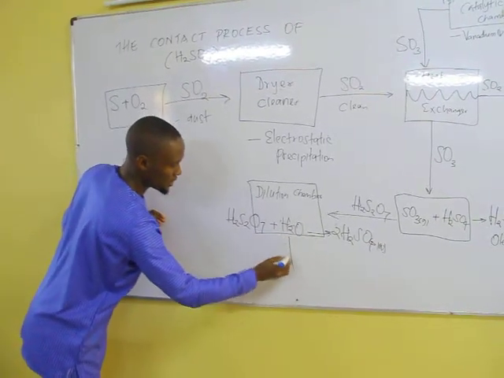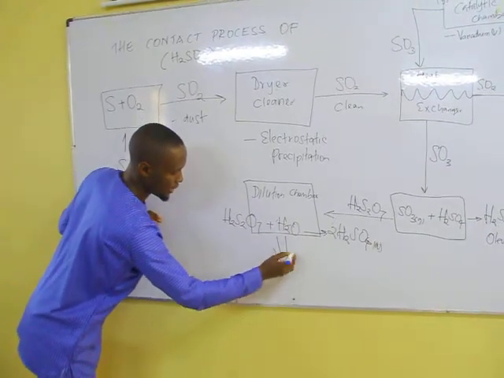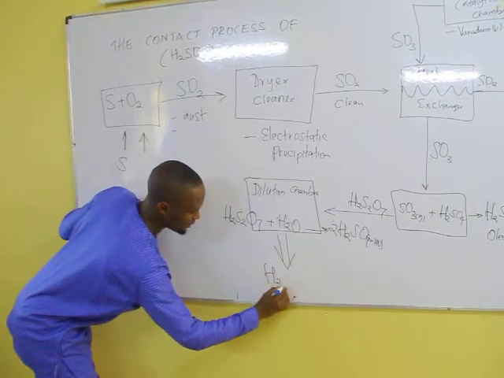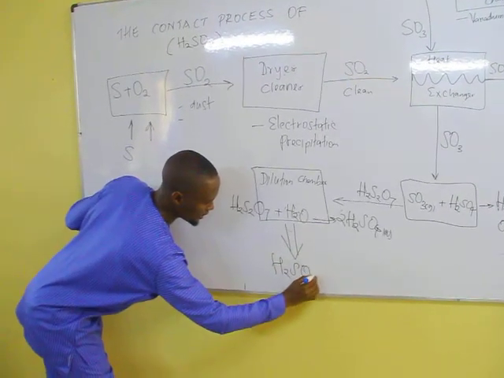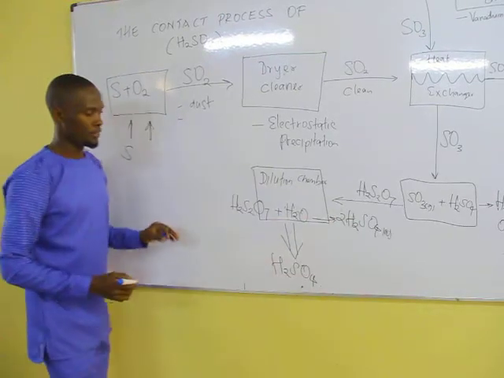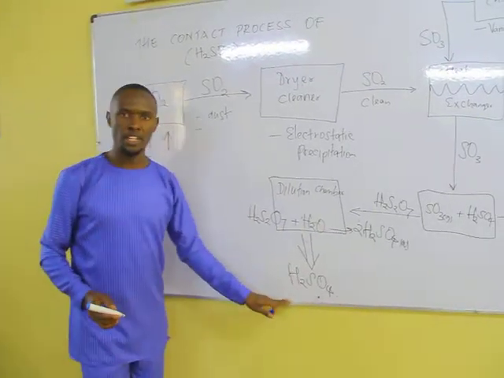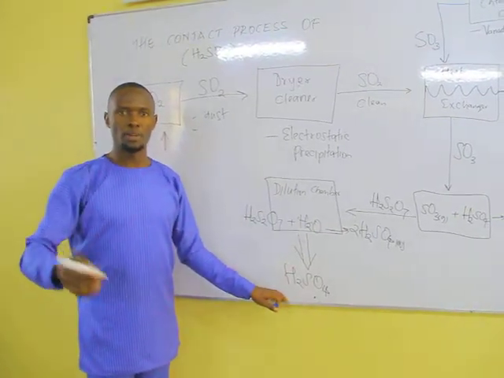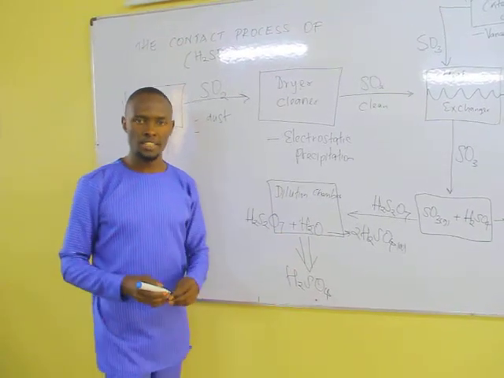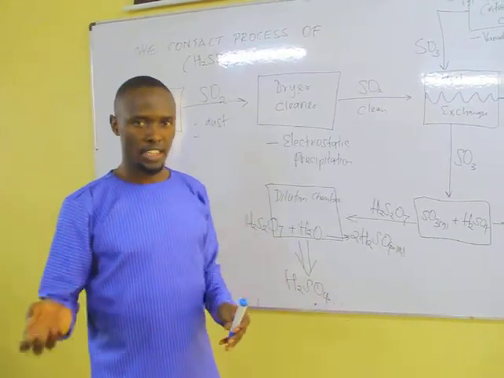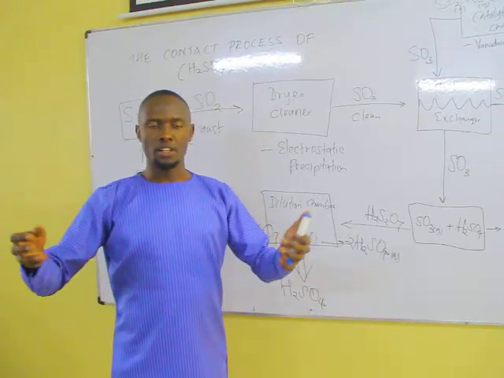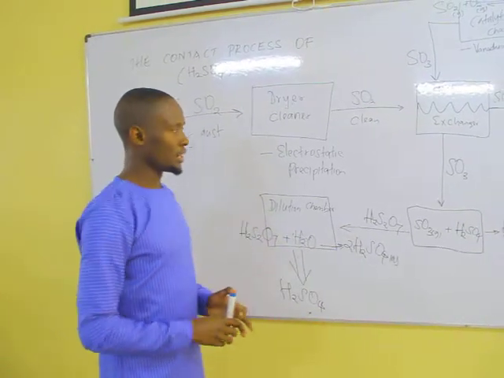That means from this chamber, this is where we collect our sulfuric acid. We already have our sulfuric acid for purposes like manufacture of fertilizers, detergents, and fabrics.